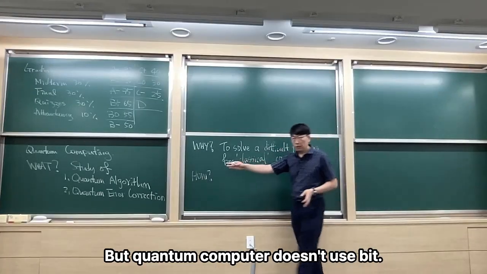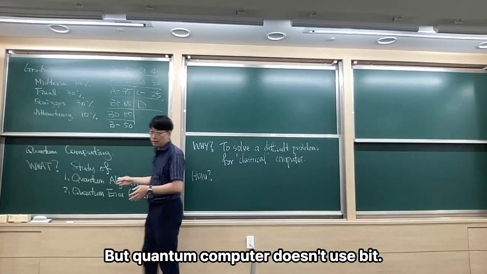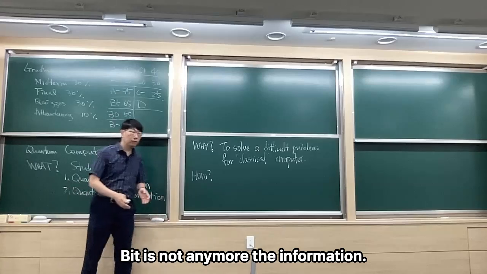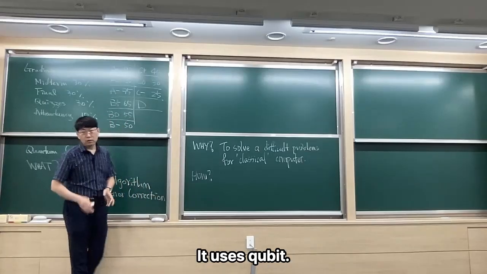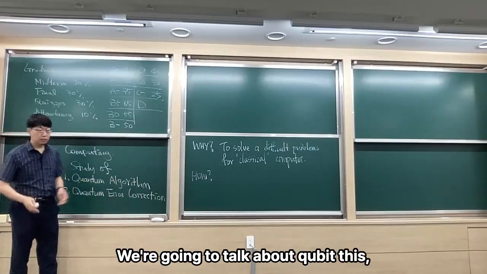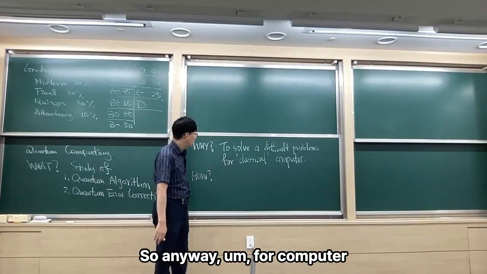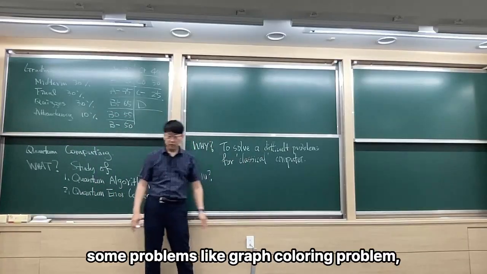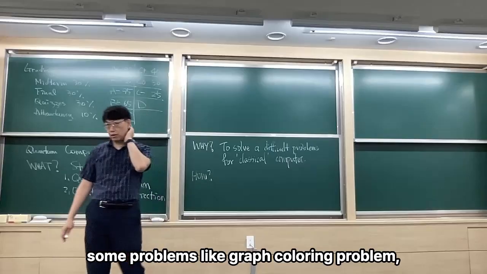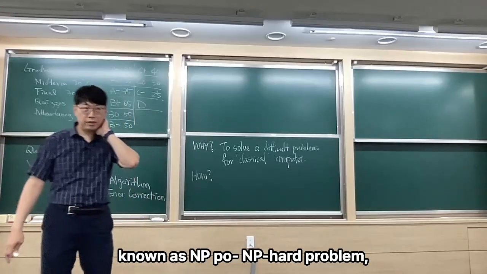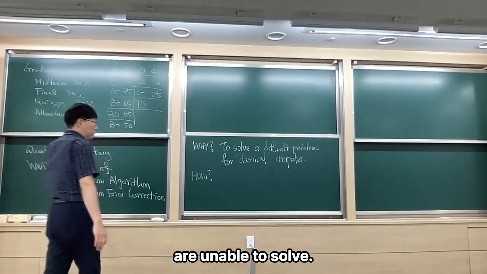But a quantum computer doesn't use bits. A bit is no longer the information. It uses qubits. We're going to talk about qubits in this class today. So for computers that use bits, some problems, like the graph coloring problem, known as an NP-hard problem, are unable to be solved efficiently.